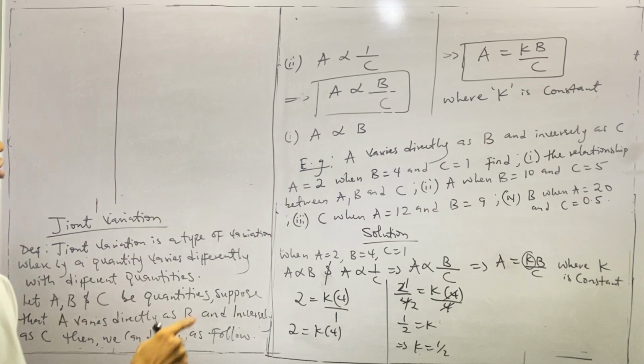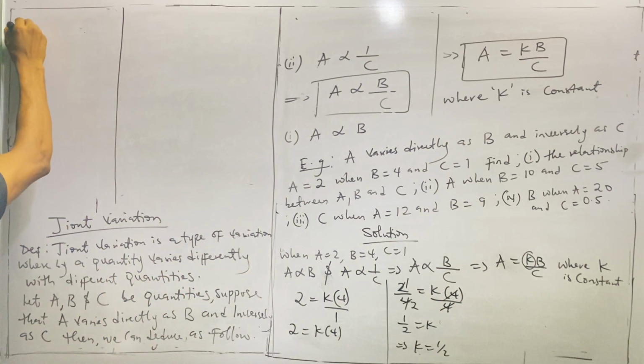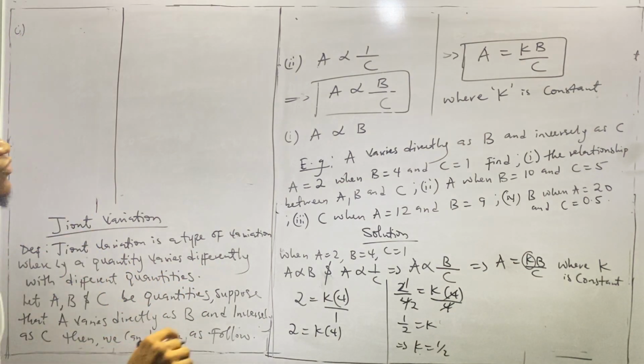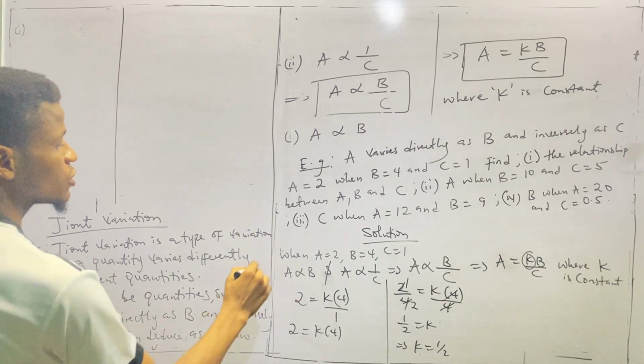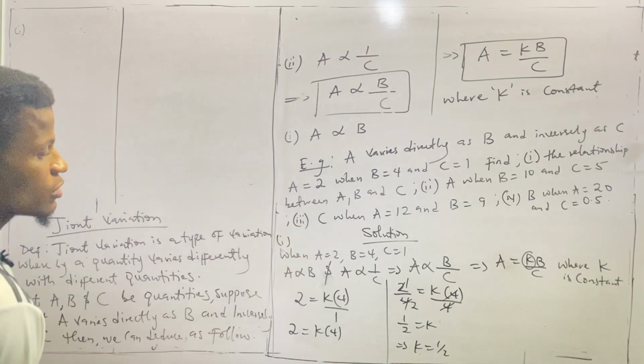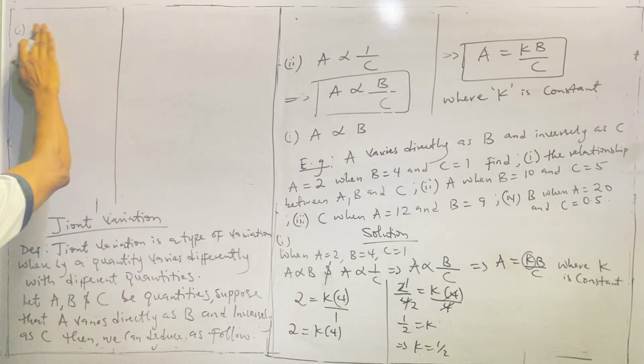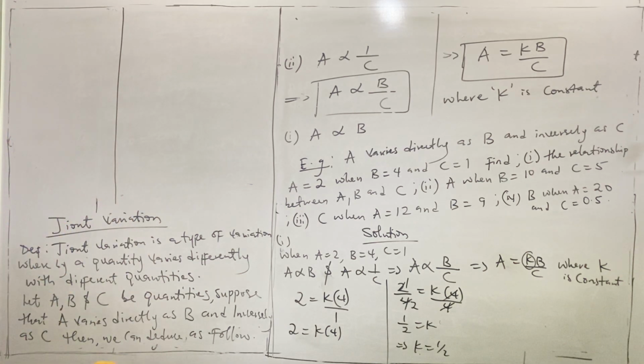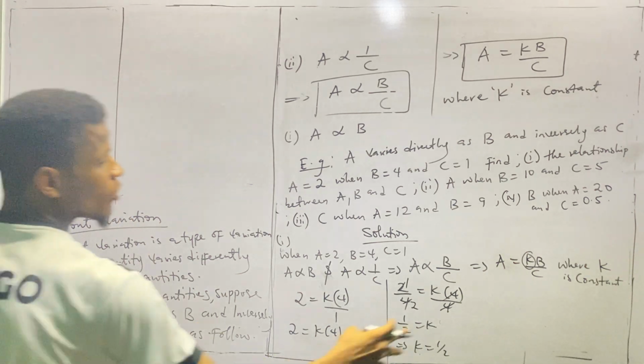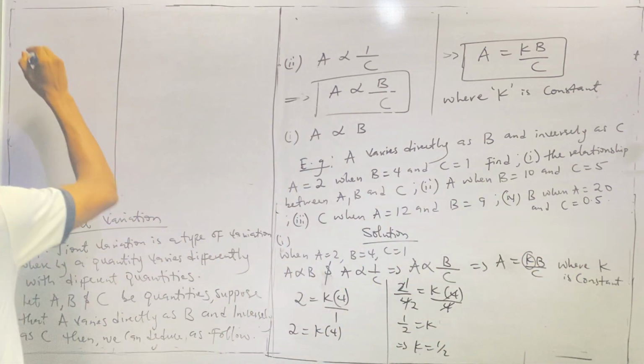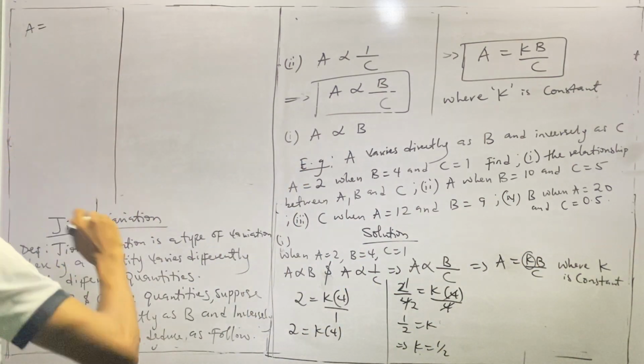Okay, so we have gotten the value of K. Now let's establish the relationship between A, B, and C. So from this equation, A will be equal to, what is our K?